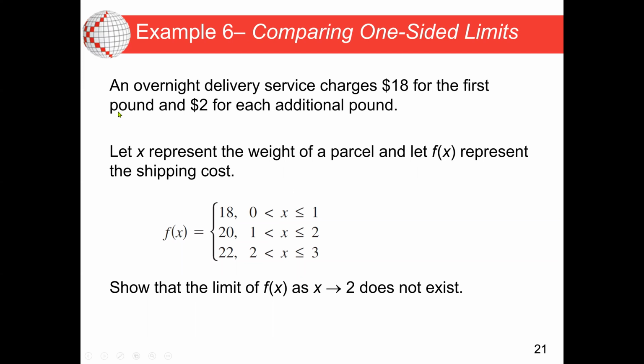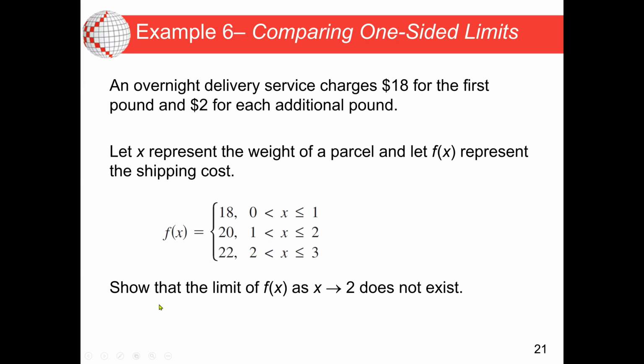So here we have a question saying an overnight delivery service charges $18 for the first pound and $2 for each additional pound. Let x represent the weight of a parcel and let F(x) represent the shipping cost. We know it's $18 for the first pound and $2 for additional, so the first pound is 18, the second pound 20, the third pound 22.